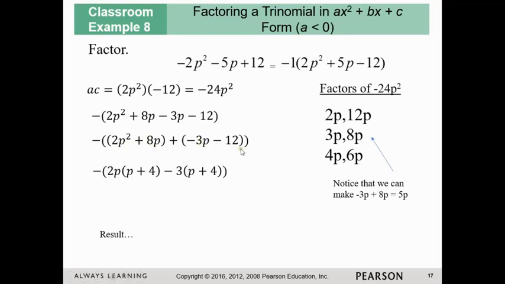Then I take out the greatest common factor of the second group, which is negative 3. Notice I've created the common term p plus 4. So now I take out p plus 4 out of both of these terms. And now I've factored this trinomial.